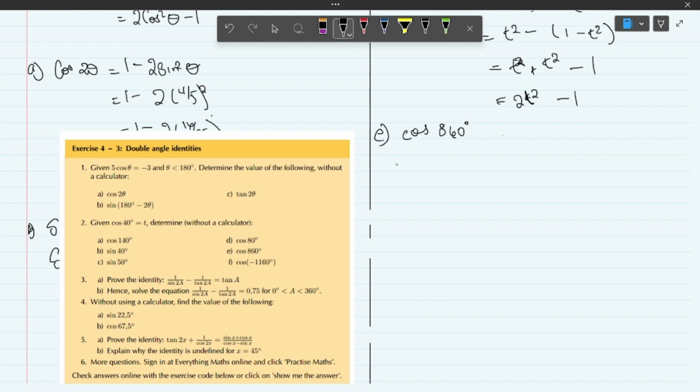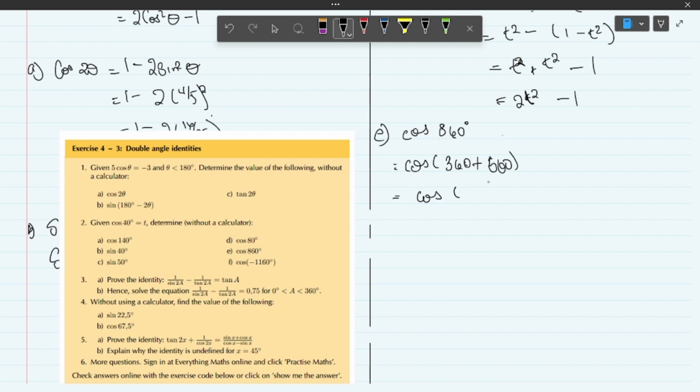So it's gonna be cos 360 plus 500, which is cos 500.